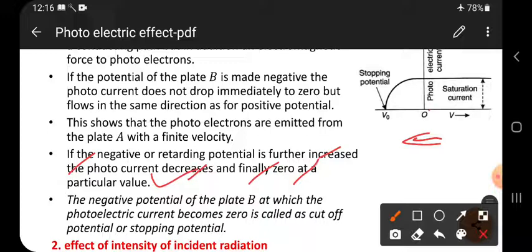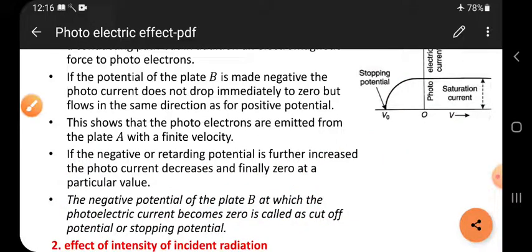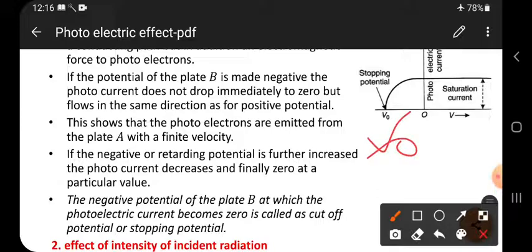See, the photocurrent is finally 0 at a particular value of negative potential. The negative potential of plate B at which the photoelectric current becomes 0 is called cutoff potential or stopping potential. That is called cutoff potential or stopping potential. It is denoted by V naught.